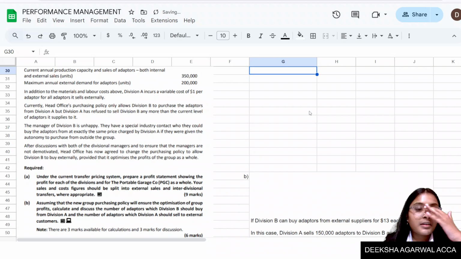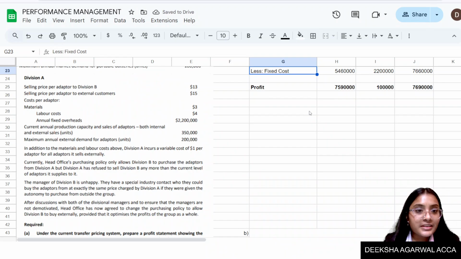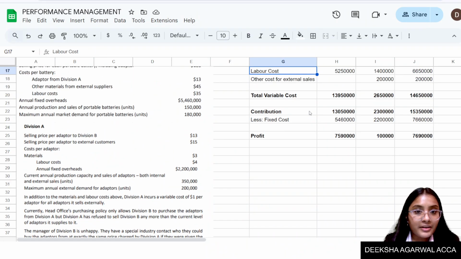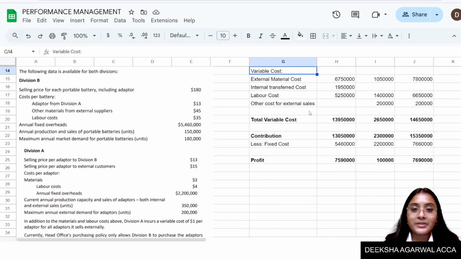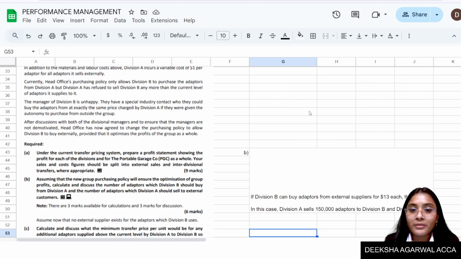How much remaining? See, my division B external demand is 1,80,000. If you look at it, the demand is 1,80,000, but they are able to fulfill 1,50,000 only. It's written, isn't it, maximum annual market demand for portable batteries 1,80,000? So 30,000 is more demand.